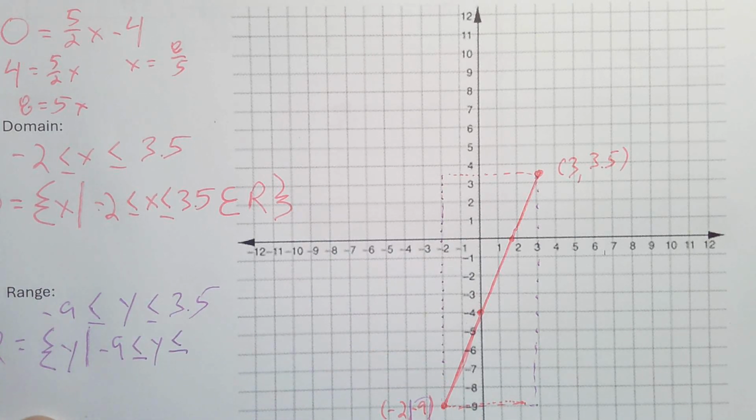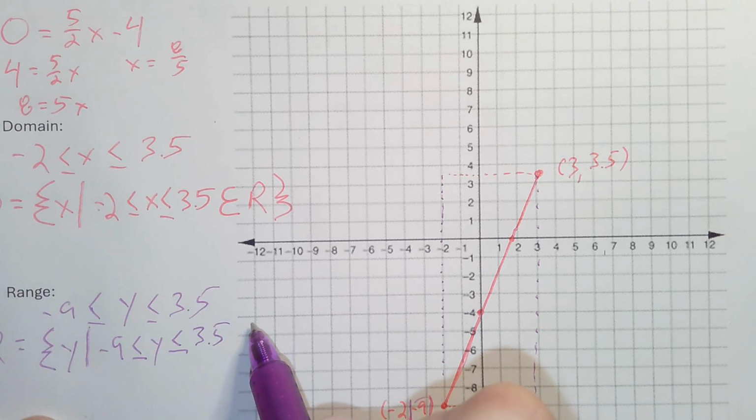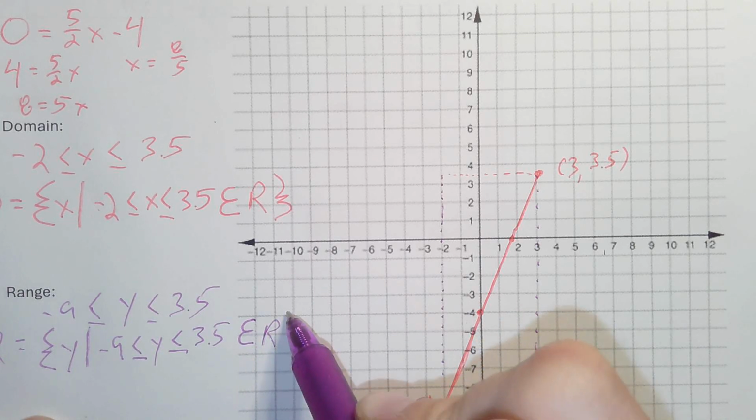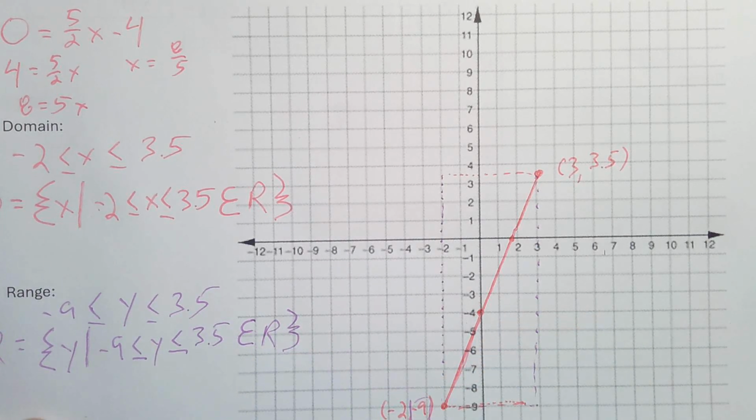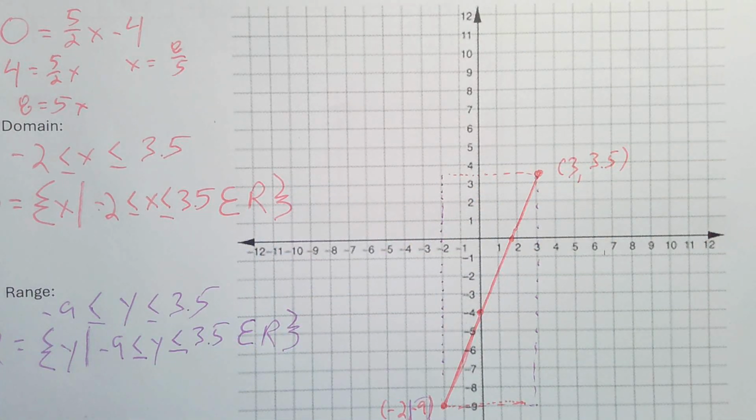But less than or equal to 3.5 and is an element of all real numbers. Yeah, so that's that one. So I hope that makes sense. It's not too difficult. This is the hardest thing to do, like saying all the stuff, right?